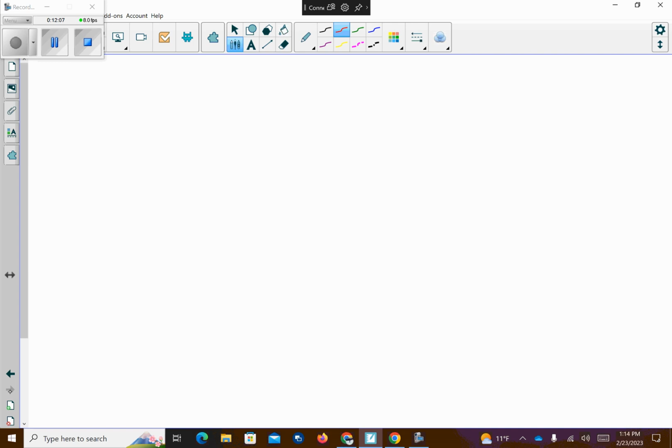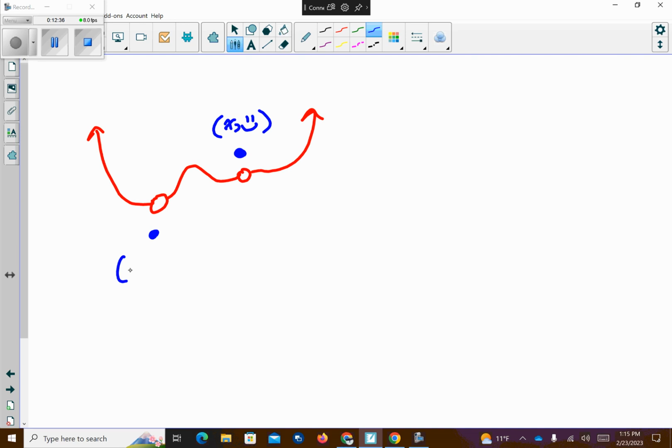So I want to make sure that you're okay with this. I'm just going to give an example of a problem. I'm going to make up that this is x comma smiley face, where smiley face can be any number, and x comma frowny face, where frowny face can represent any number.